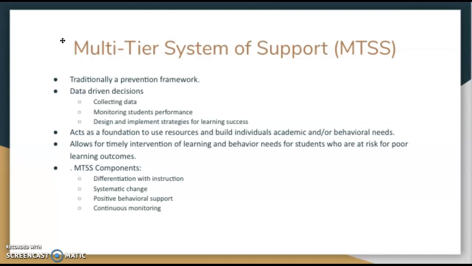Now, this acts as a foundation to use resources and build individuals' academic and/or behavior needs. So this is really important to do if you see that the child may be at risk for learning outcomes.